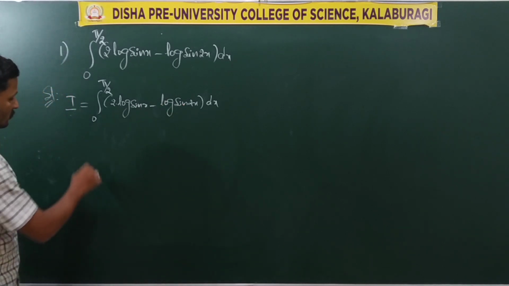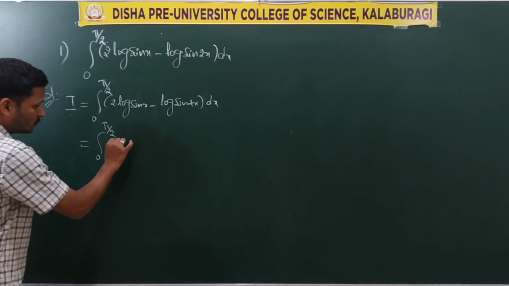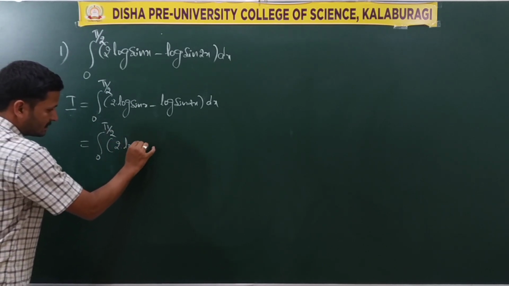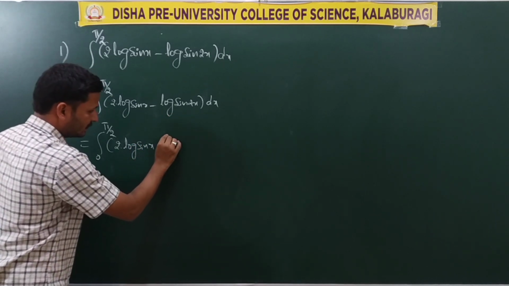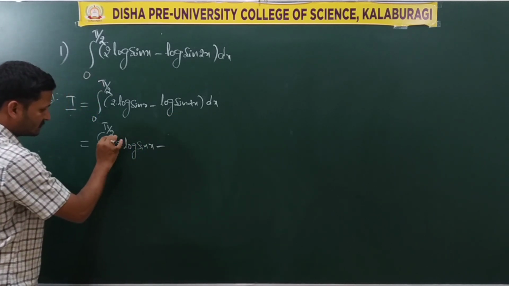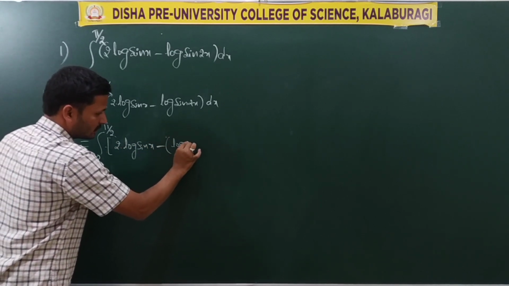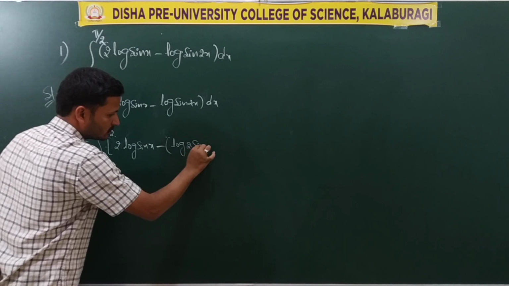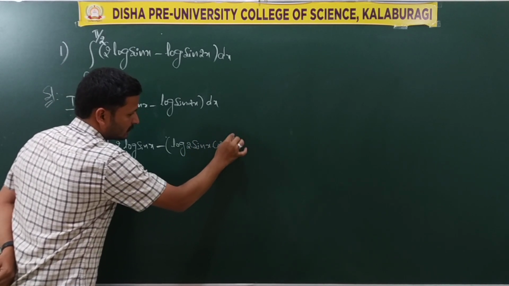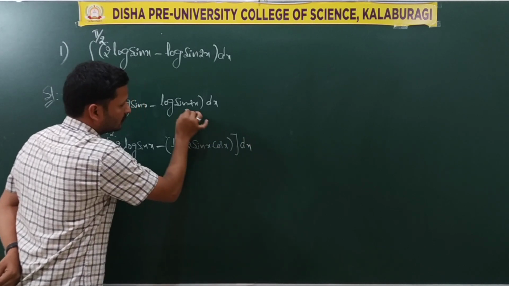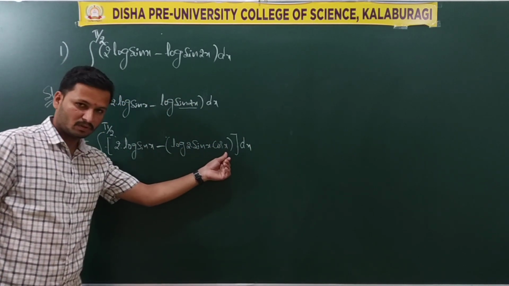So the integral from 0 to pi by 2 of log of sin x as it is, minus log of sin 2x, which can be written as log of 2 into sin x into cos x, dx. Here we used the sin 2x formula, that is 2 sin x into cos x.